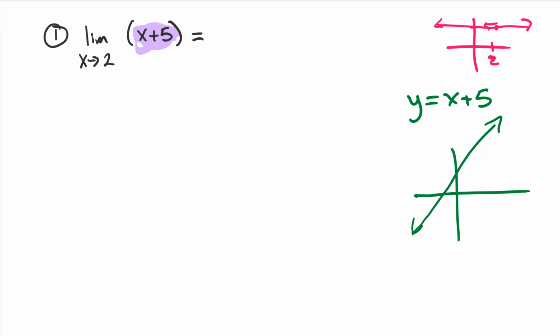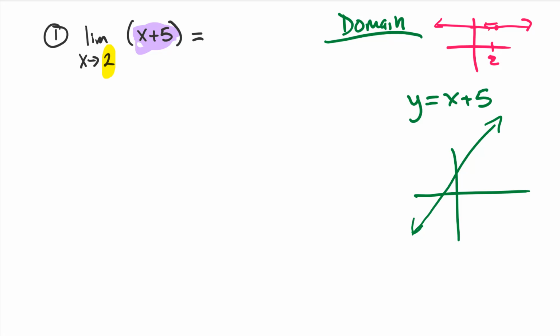Now we have to go to this one topic. It's called domain. Do you remember domain? It's all the values you're allowed to plug into your function. So as long as that number, 2, is in the domain of our function, there's no problems. Can you plug 2 in for x for y equals x plus 5? You think that's going to be okay? Yes, because 2 is in the domain of the function.